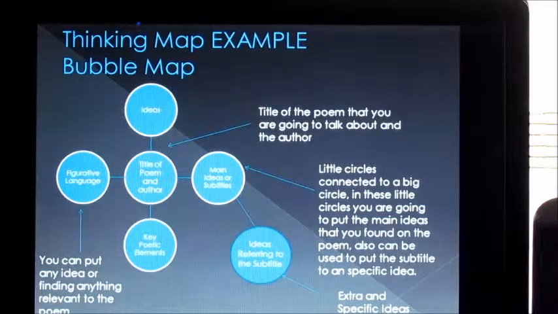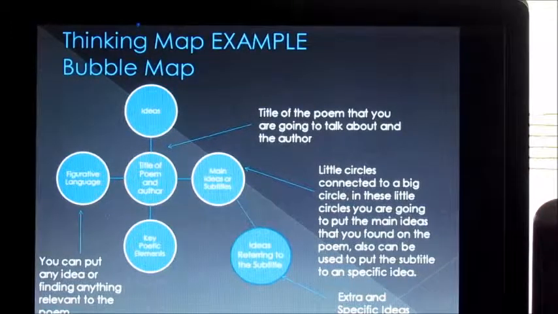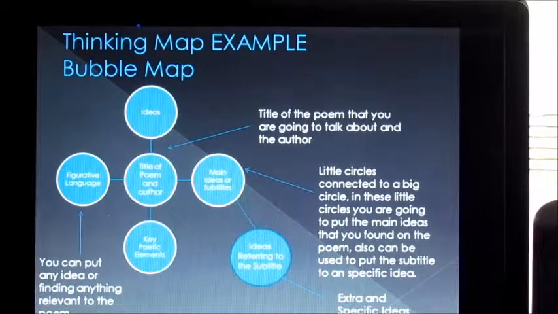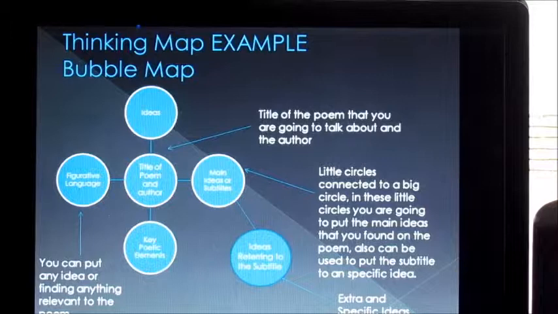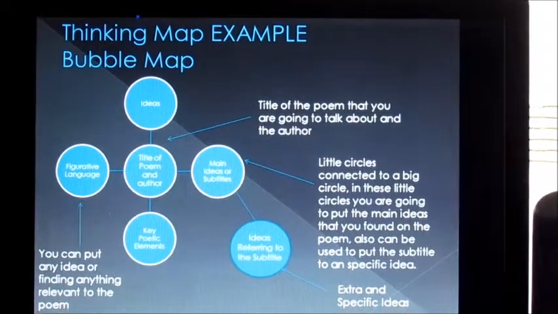Now you're going to start with a circle in the middle. In this circle in the middle, you will put the title of the poem that you're going to talk about and the author. Around the circle in the middle, you're going to start with other smaller circles with main ideas. In these little circles connected to the big circle, you're going to put the main idea that you found on the poem.